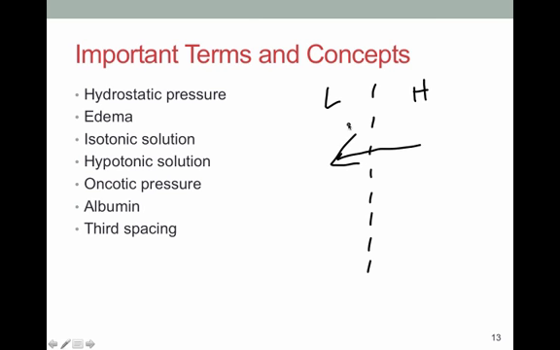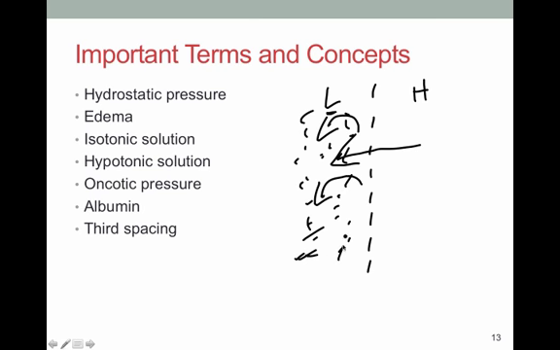In oncotic pressure, the pressure is going to pull because this area here is thicker, or it has more solute to it than this area here. So the oncotic pressure, or the colloidal osmotic pressure, is going to have a considerable amount of pull to it.